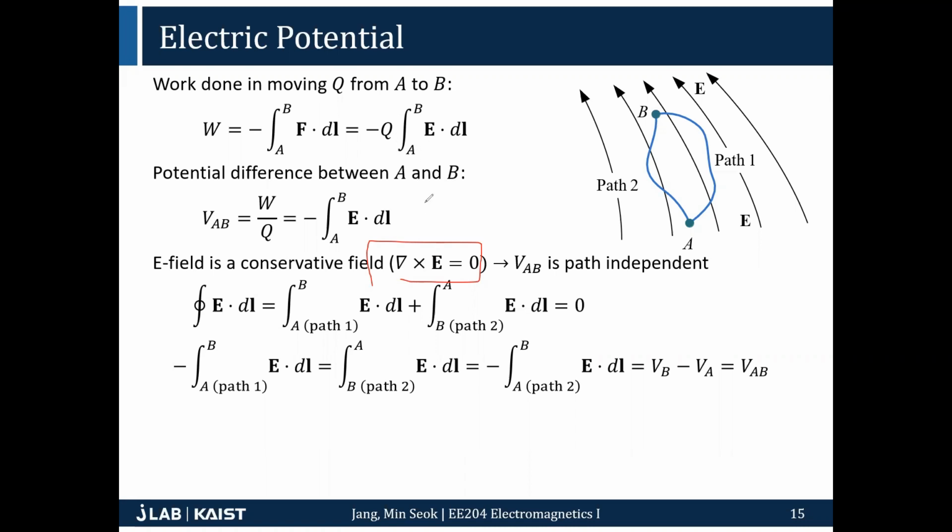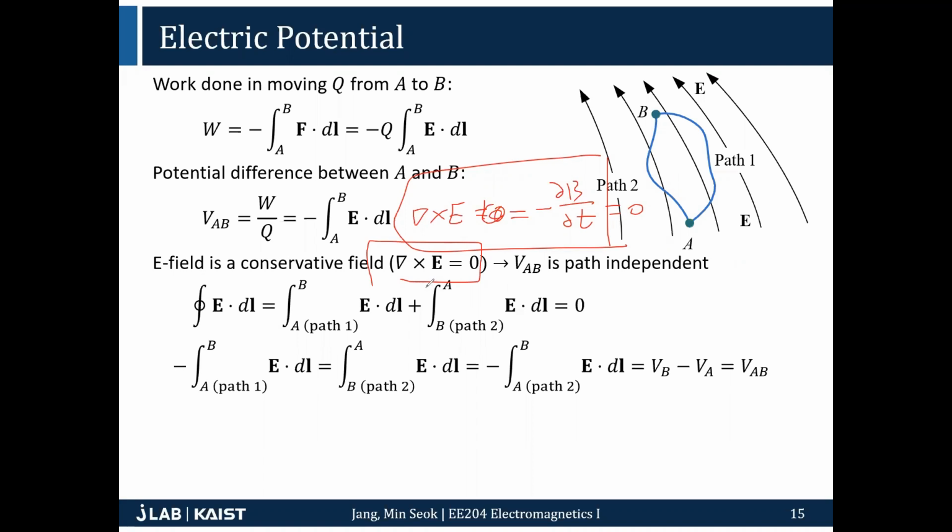If I give you a more detailed answer, actually curl of E is non-zero, and it's proportional to dB/dt. This is the full Maxwell's equation. Because we are dealing with an electrostatic situation, nothing is moving, so dB/dt is 0. Only in this electrostatic situation is the electric field conservative.